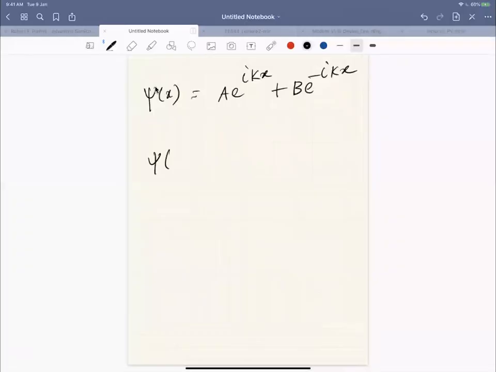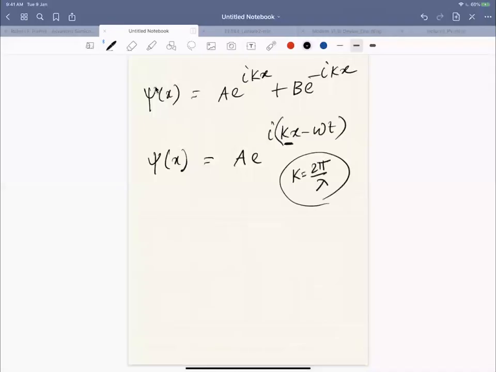We could write the wave as e to the power i(kx minus omega t), and here k is my wave vector, k equal to 2 pi by lambda. From this analogy, k is root over 2me by h bar square, and e is h bar square k square by 2m.